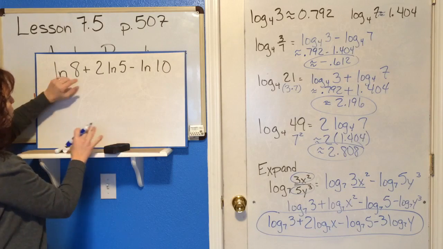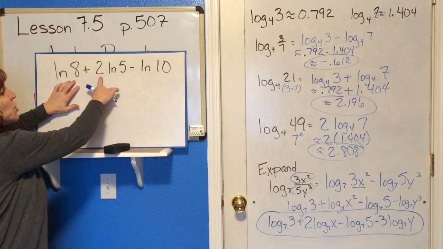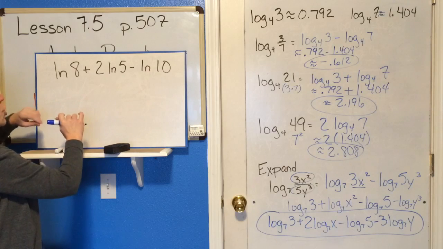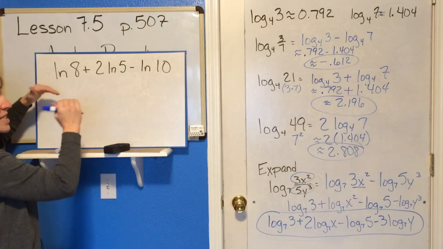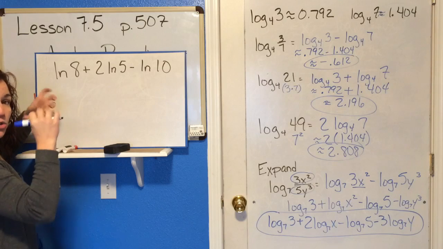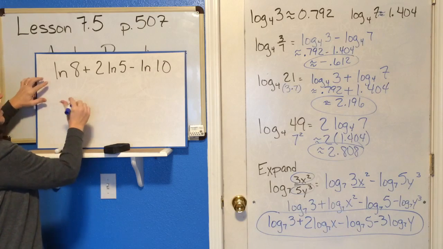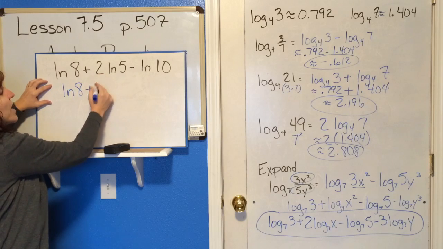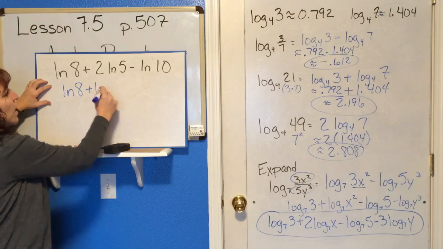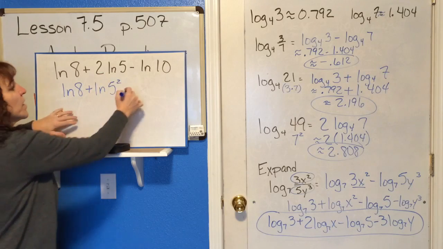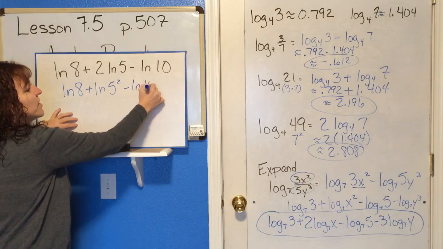All right. So natural log of 8 plus 2 log of 5 minus log of 10. So what we can do is, and I'm going to do it step by step by step here. If you can see more than one step at a time, as long as you don't skip steps, that's okay too. All right, so what I'm going to do first is, this is log of 8 plus log of 5 squared minus log of 10.